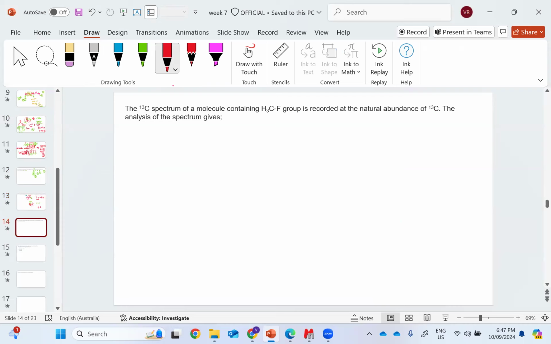Similarly, the next question: the 13C spectrum of the molecule containing a CH3F group is recorded at natural abundance of the 13C. The analysis of the spectrum gives... I should show the options here.